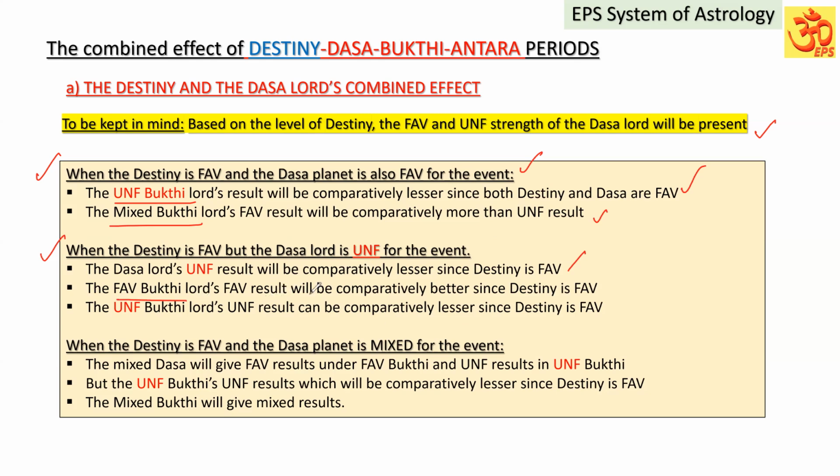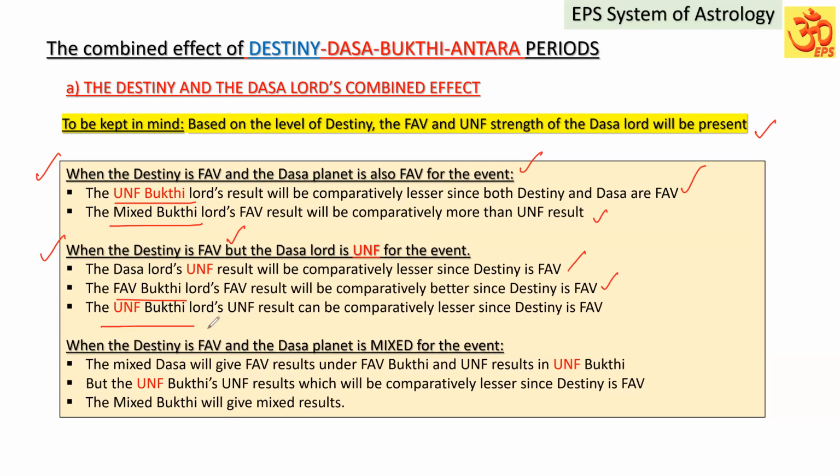That favorable Bugdi Lord's favorable result will be comparatively better since destiny is favorable. Because when Dasa Lord is unfavorable, the Bugdi Lord's favorable result will be lesser, but since the destiny is favorable, it will be comparatively better.